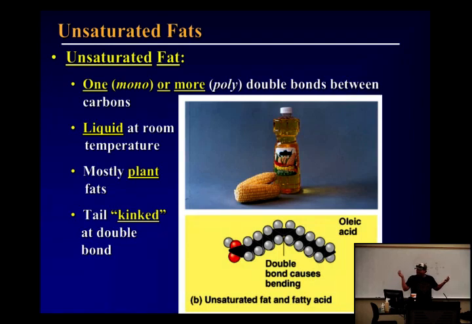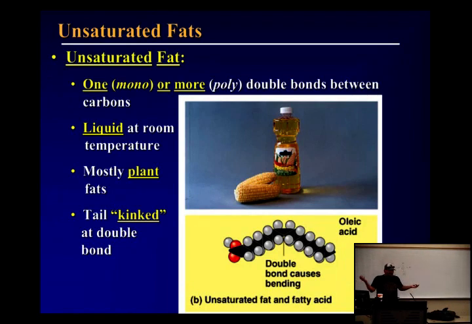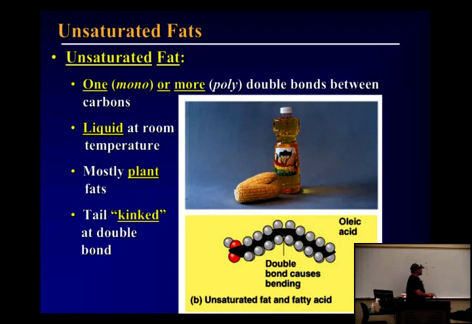And then usually you don't use di, but poly, 2 or more. So that's the difference between monounsaturated and polyunsaturated. And the more double bonds you have, the more bent it is, the more liquid it is at room temperature. So the thinner it is. That make sense? The more it bends, the more space it takes up.